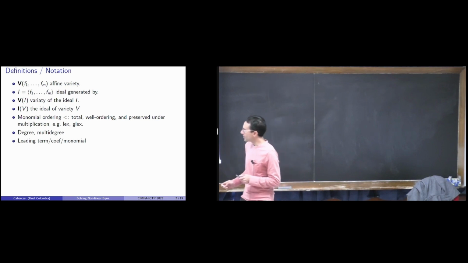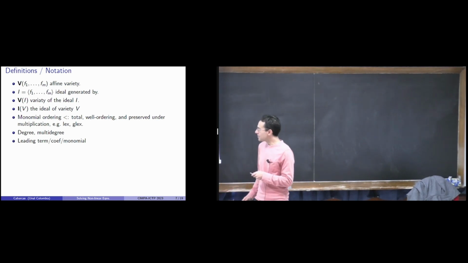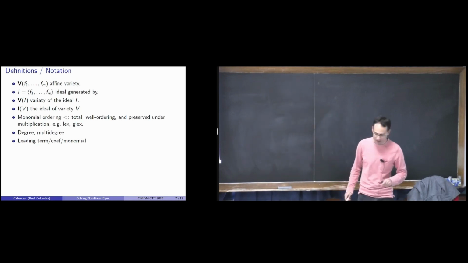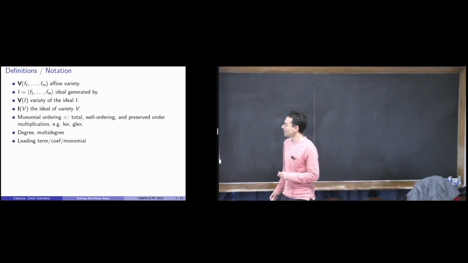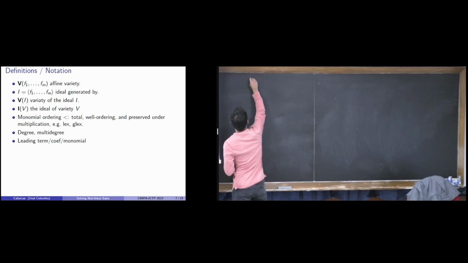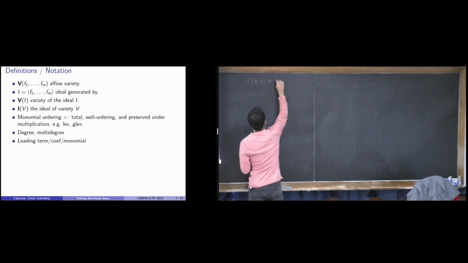Once we have an ordering, we can talk about the leading term, the leading coefficient. And we will be also using degree and multi-degree. And just maybe I'll have a tiny little example here just to get everybody on the same page. So let's consider a polynomial in two variables.